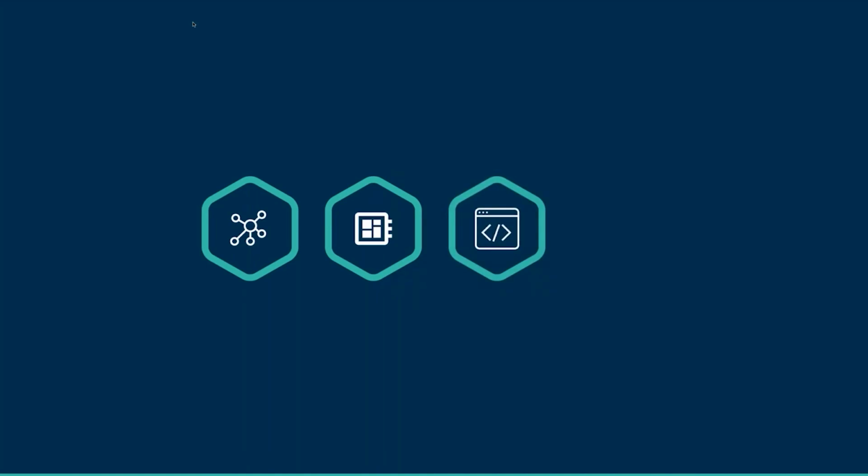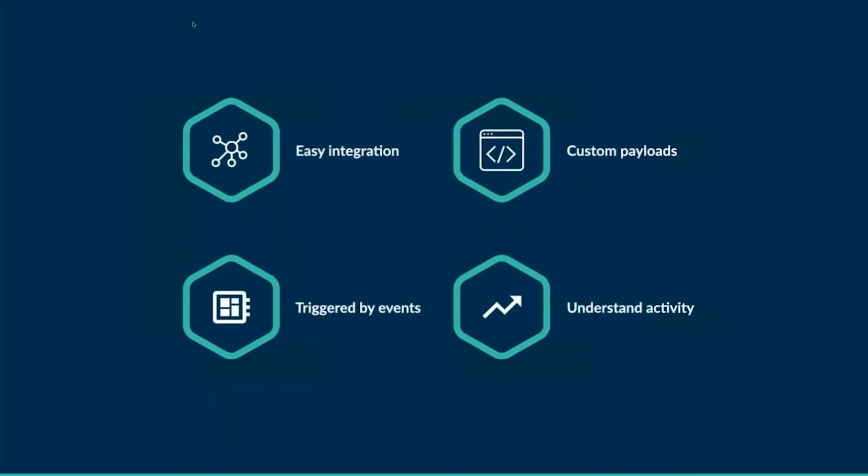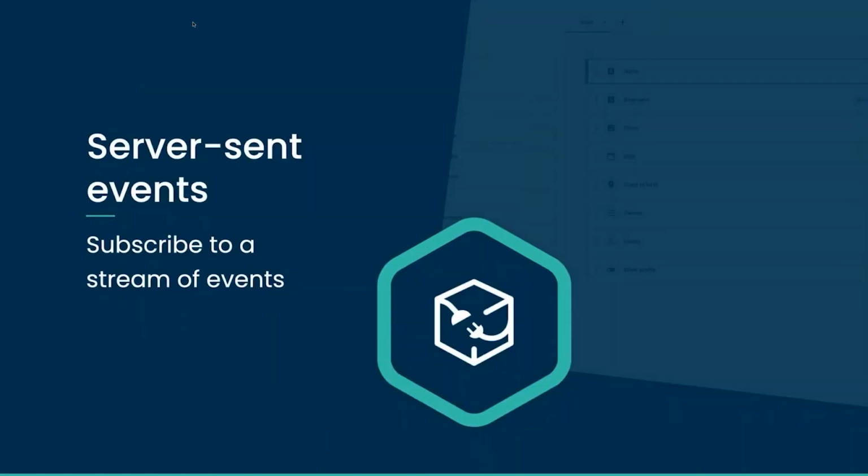You can customize the payload or the content that is sent to the third-party integration. So it's got a really flexible output, and you'll be able to understand the activity of those webhooks and the call details relating to them, to validate if something's going wrong or whether it's been successfully received. So that's webhooks, and that brings us on to server-sent events.